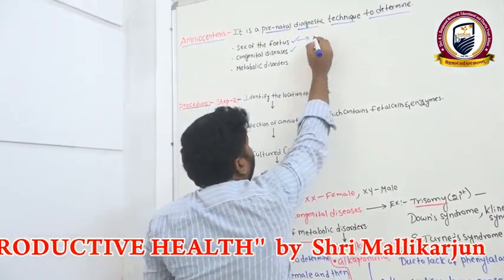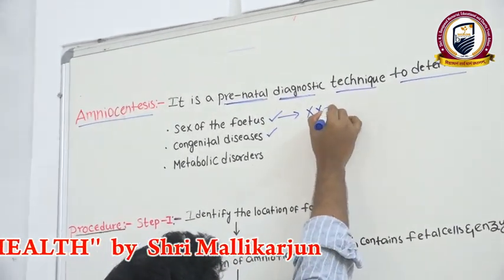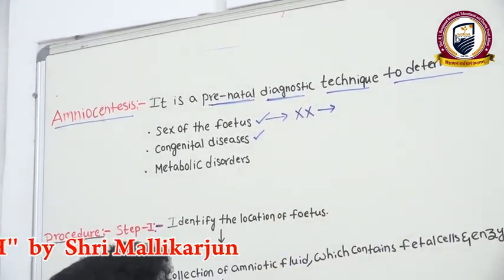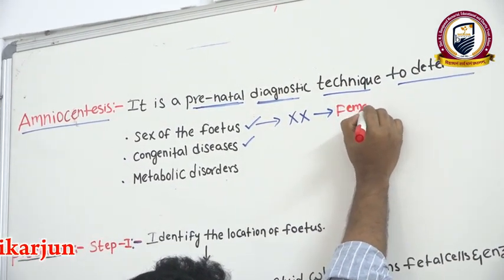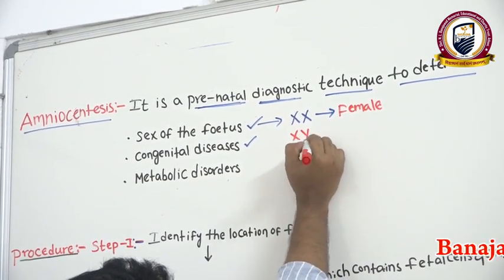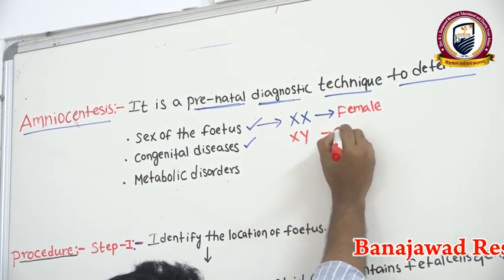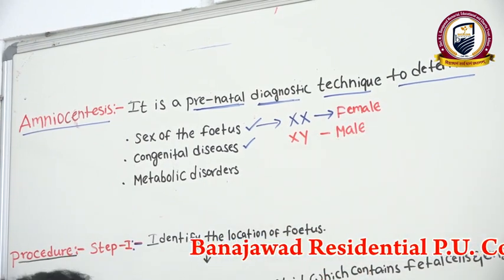For example, if the chromosomal pair is XX, we can consider it a female baby, and if the chromosomal pair is X and Y, we can say it is a male. Clear?